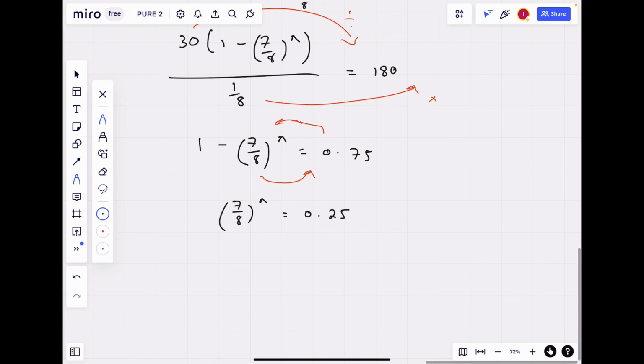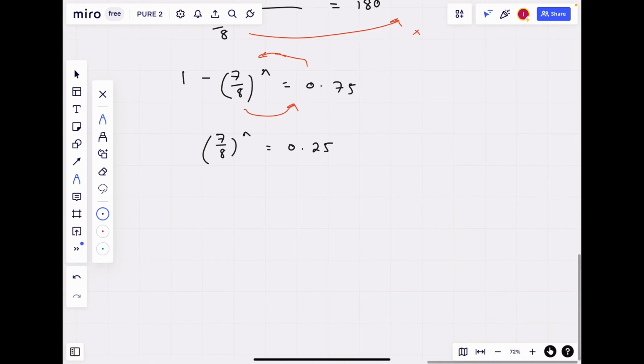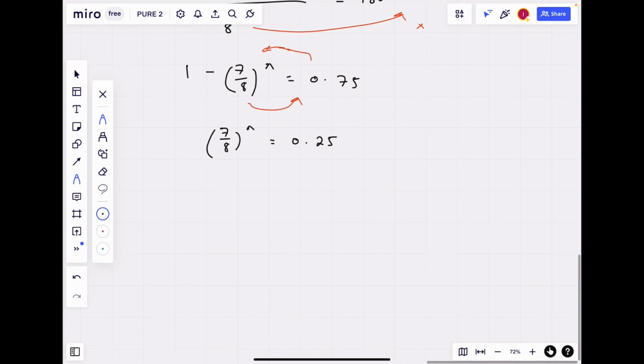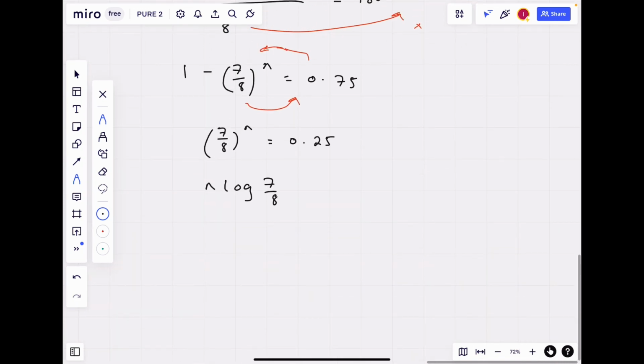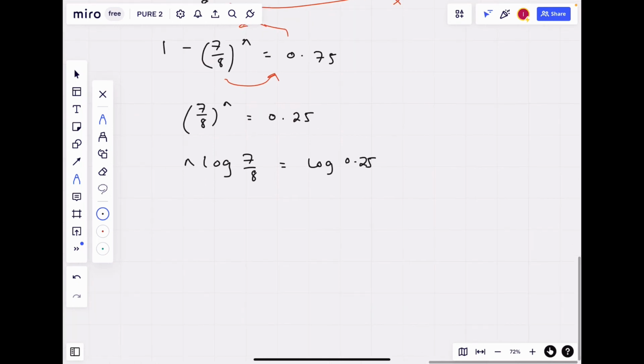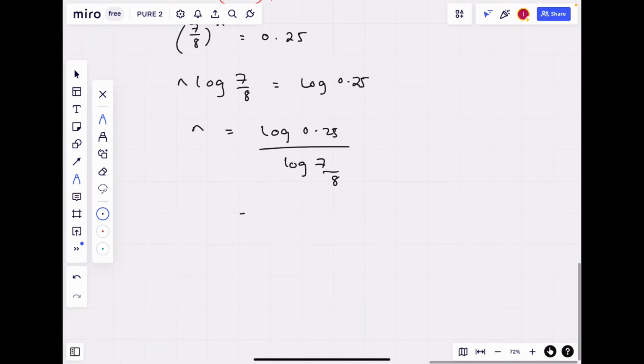Don't want a negative in front of the bracket. Now you can take log of both sides and use the power rule for logs to bring that n in front. You can then divide the logs and when you stick that in the calculator you get 10.38.